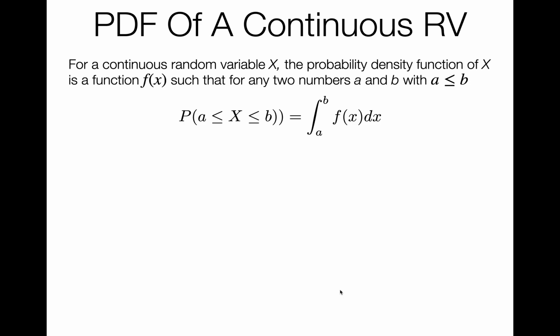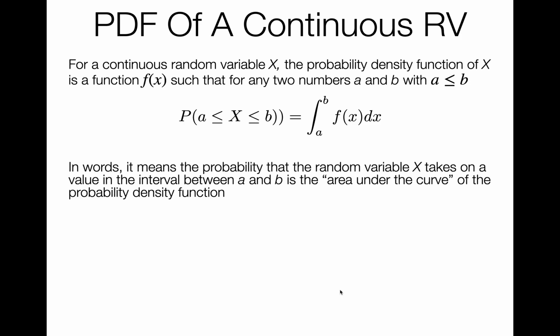It's a function such that if you want to find the probability that x is between two numbers, you take the integral of the PDF of x between those two numbers, a and b. So what does this mean in words? It means that the probability that the random variable x takes on a value in the interval a to b is the area under the curve of the PDF.